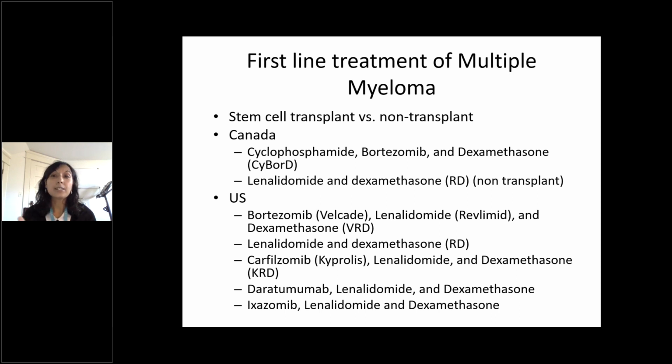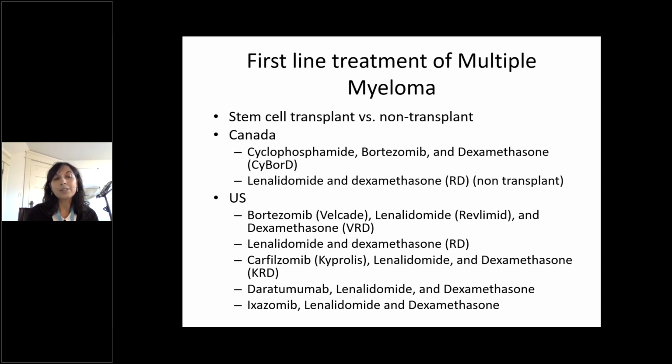So when we treat someone with multiple myeloma, the first thing is to decide whether they are transplant eligible or transplant ineligible. And that designation is not always straightforward. There is sometimes an age cutoff, and generally in Canada, the age cutoff is 70.